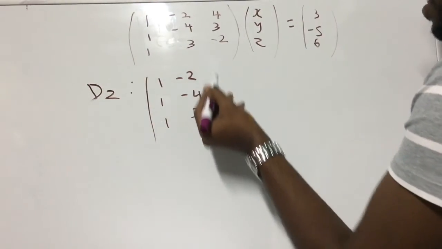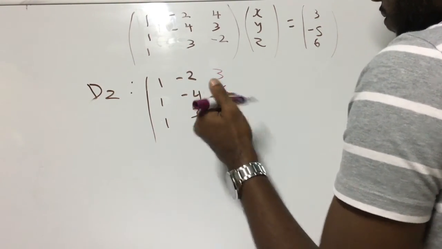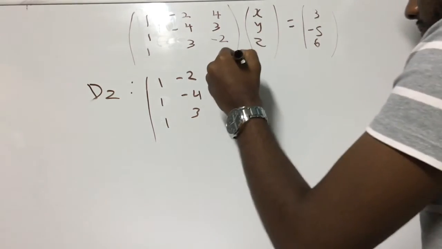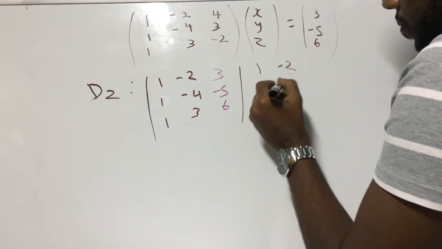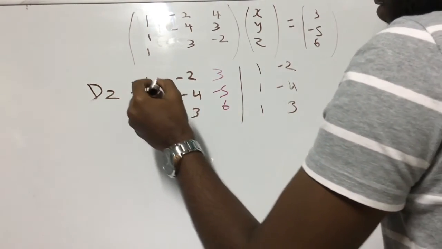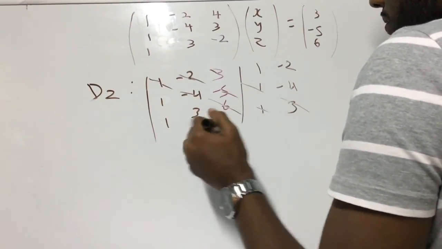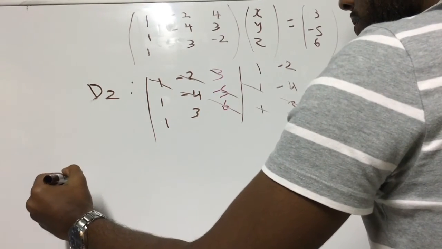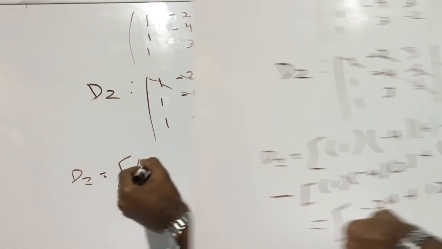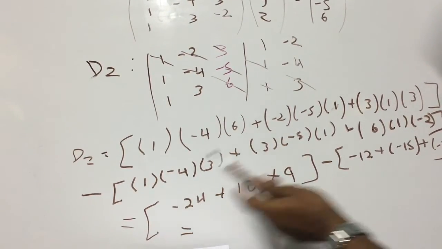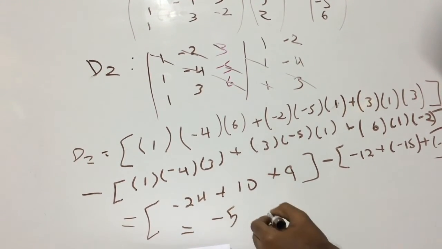And you're going to replace the z column with the constants. Right, and you're going to mirror the first two columns, and we're going to solve the determinant as normal. When simplified, minus 24 plus 10 plus 9 is minus 5, right?